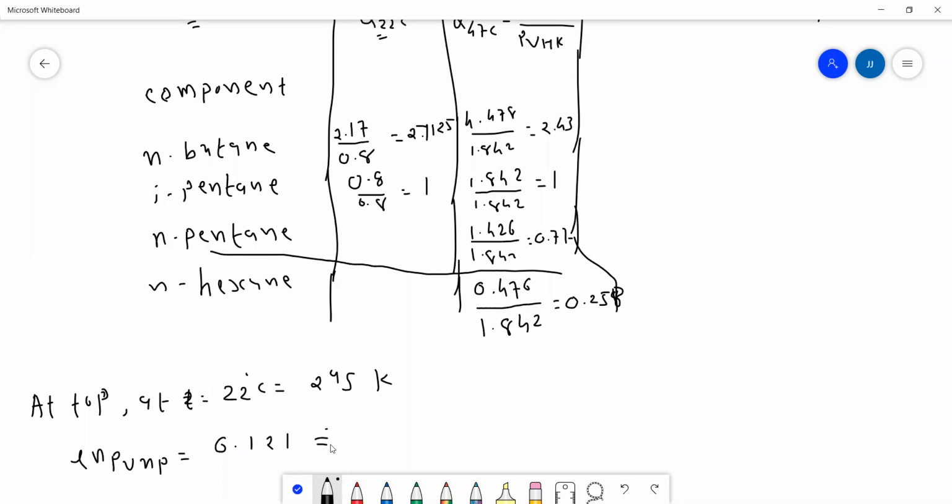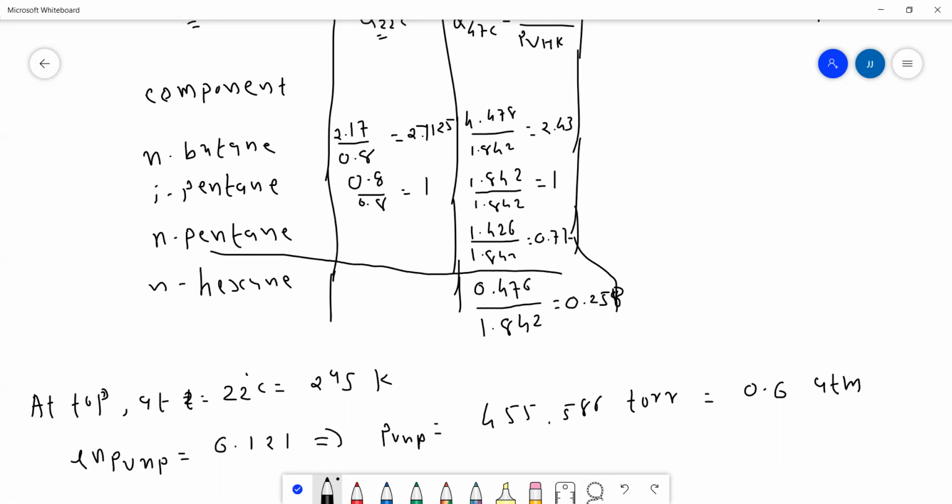So this implies that the vapor pressure of n-pentane is equal to 455.586 torr, and this is equal to 0.6 atmosphere.